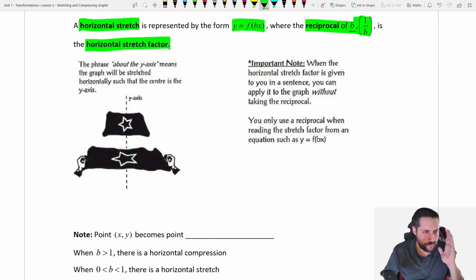The phrase about the y-axis means that the graph will be stretched horizontally, such that the center is going to be the y-axis.